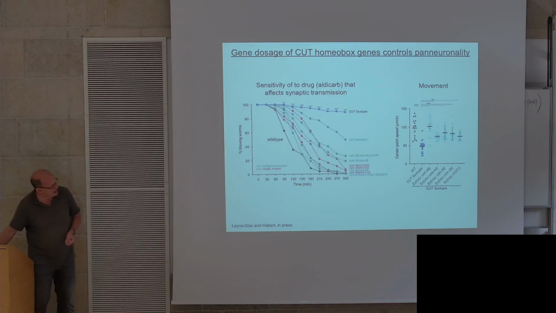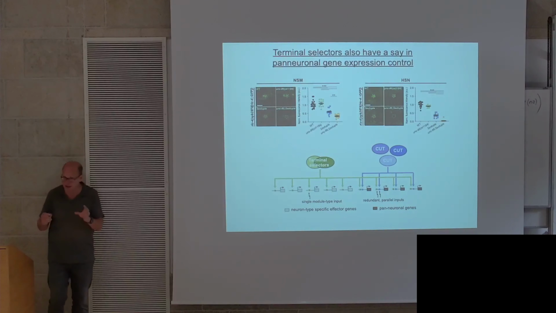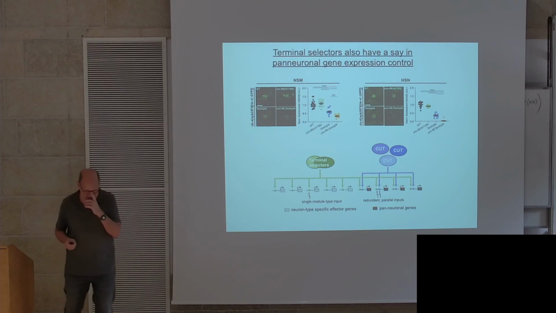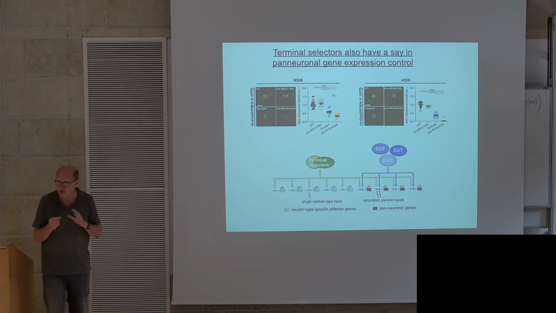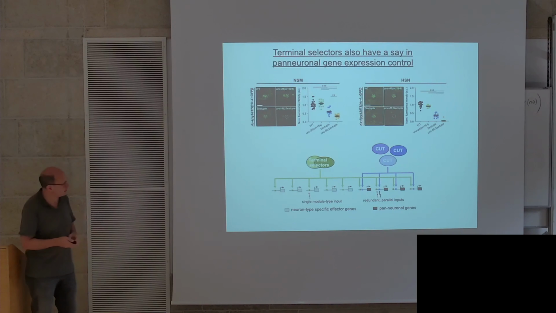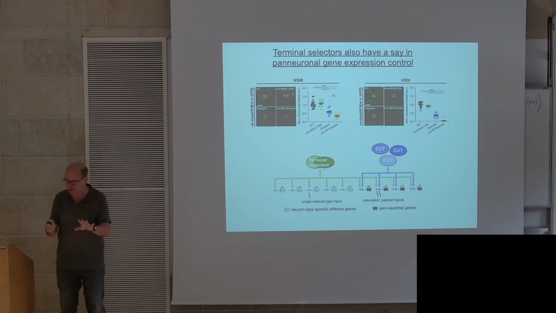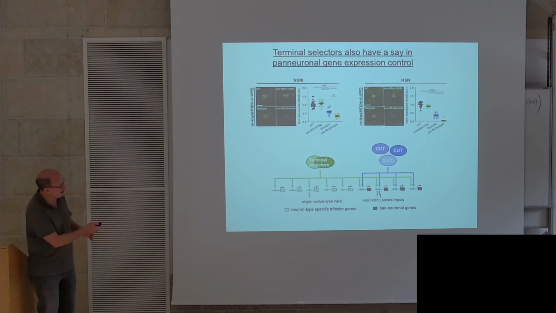And I will now wrap up the terminal selector stuff, these identity-defining transcription factors, and come back now to this quantity, to this levels issue here. So I've told you before, and I stand by it, it's really true: if you take away individual neuronal identity-specifying transcription factors that specify a unique neuron's identity, that has no effect on pan-neuronal gene expression.